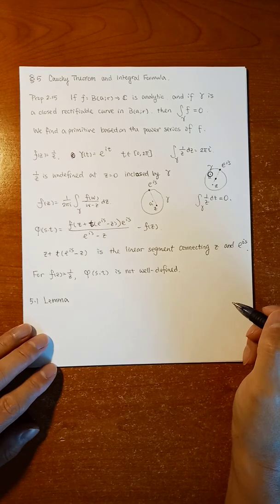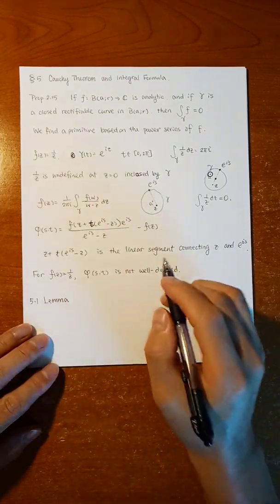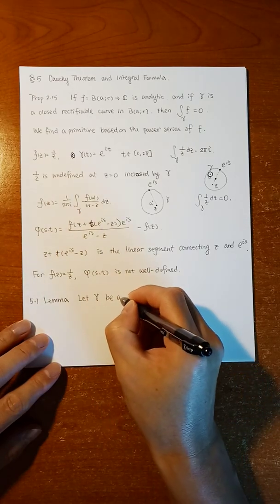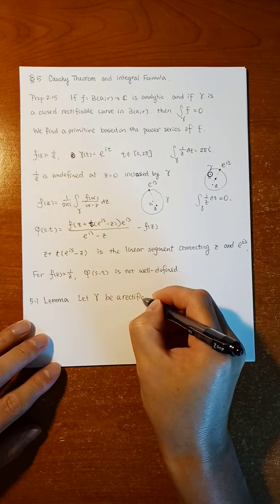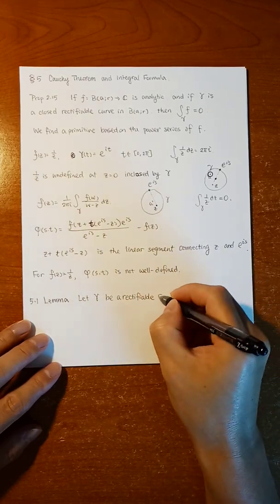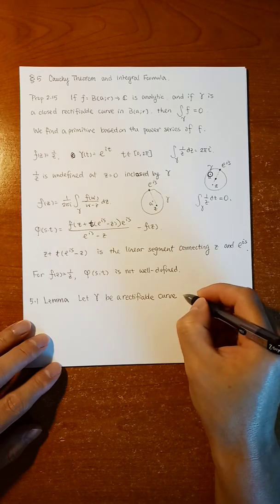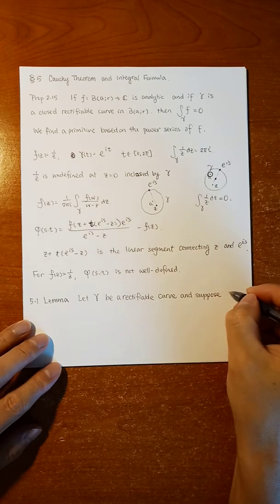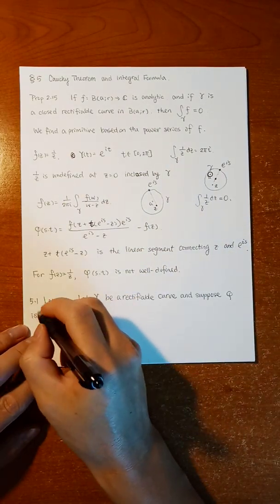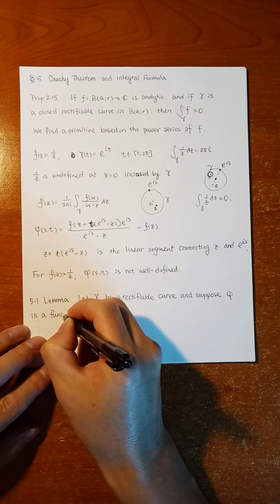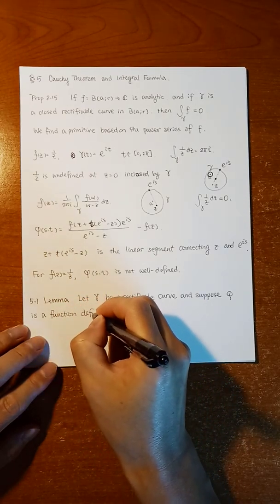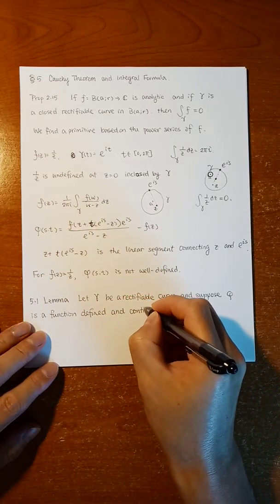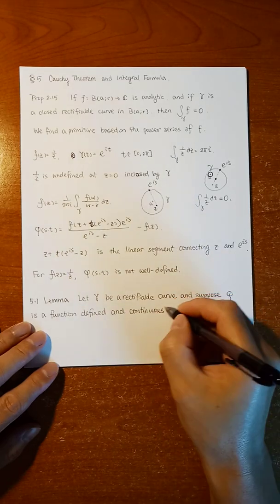So first, let's set up our working lemma. Let gamma be a rectifiable curve, and suppose phi is a function defined and continuous on gamma.